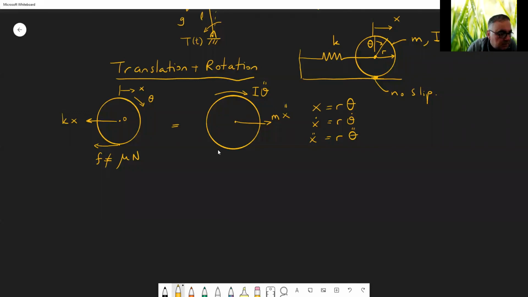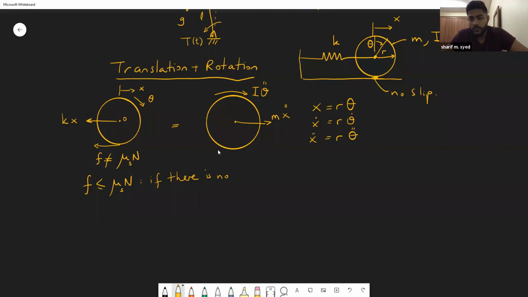You should remember this. If there is to be no slip, F should be less than or equal to mu times N, or we should say mu s times N. Actually, we won't be using this equation. But if there is no slip, the friction force should be less than mu s times N. But hocam, it's going to be equal to mu k N, right?